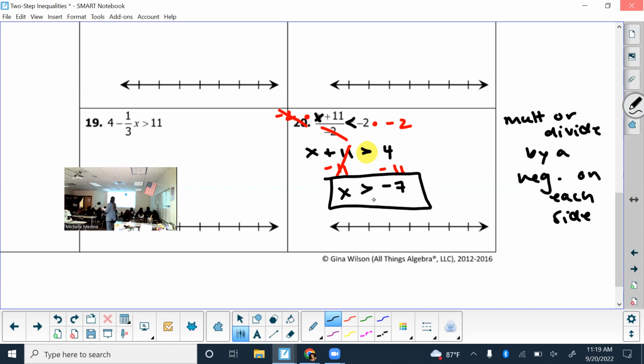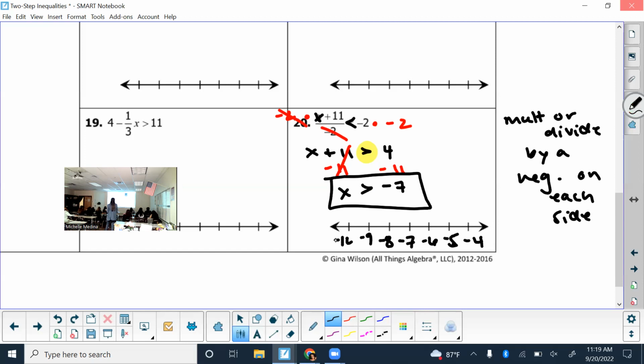So then what number should go in the middle of my number line? The -7. What number should go to the right of it? -6, then -5, then -4. Those are all bigger. So the left should be smaller. So what should this be? Good.